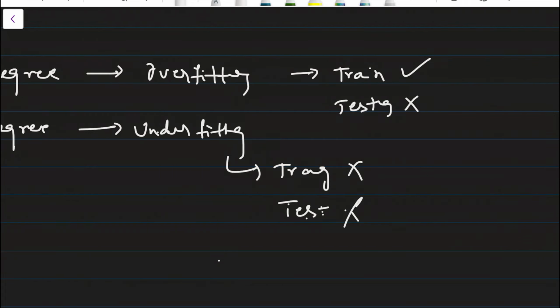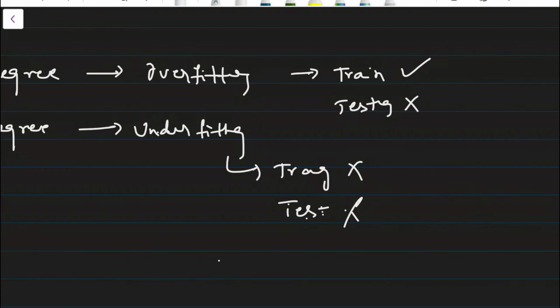Okay, this is polynomial regression. It's just simple. There are many other regression algorithms which can be more efficient on non-linear data than polynomial regression, like random forest regressor, decision tree regressor, XGBoost.